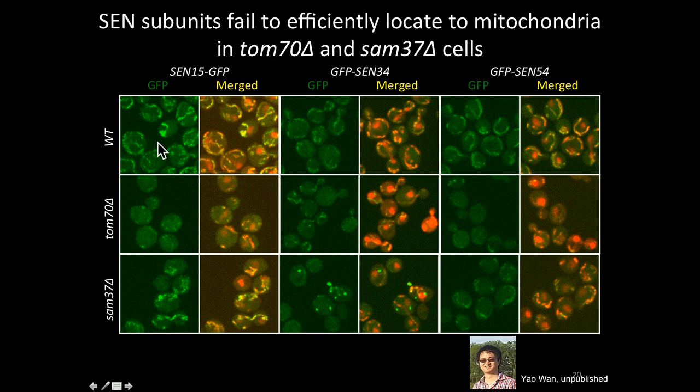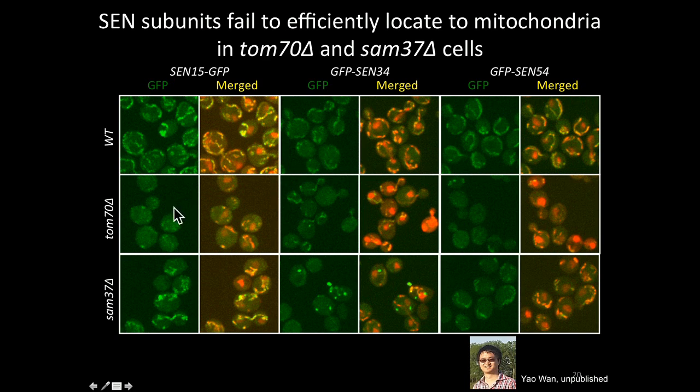So you can see that in wild-type cells, splicing endonuclease subunit SEN15 co-localizes with mitochondria, as shown in the yellow. And likewise, so does SEN34 and SEN54. This is already known, that these splicing endonuclease subunits assemble on the mitochondrial surface.